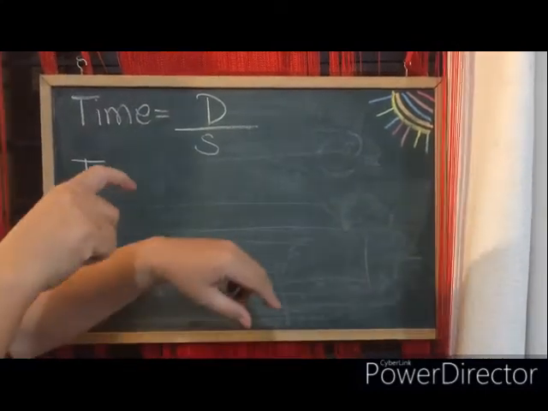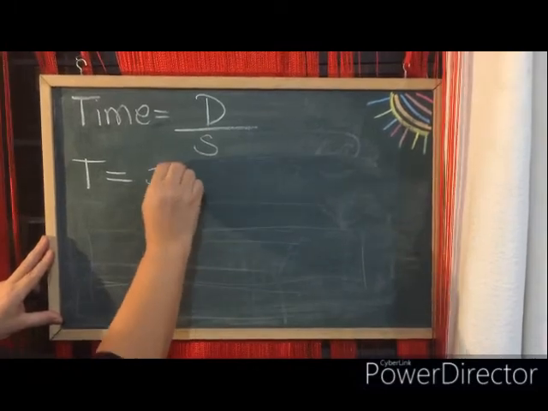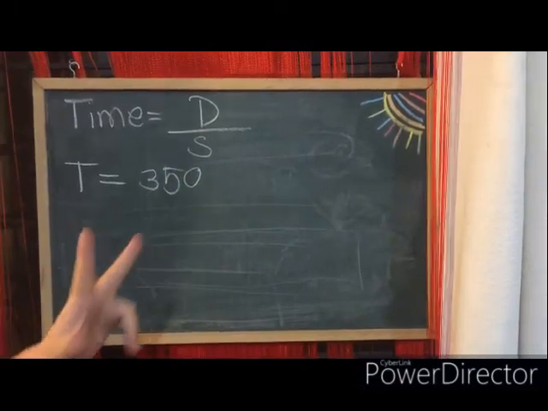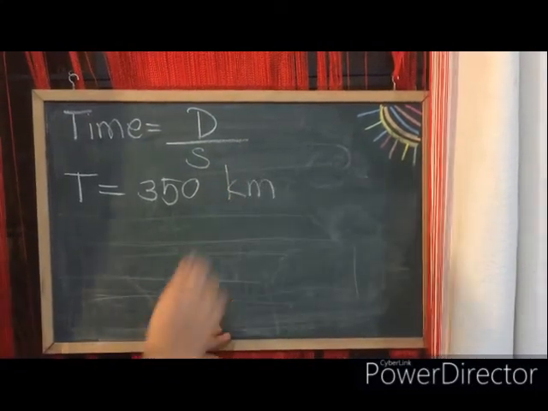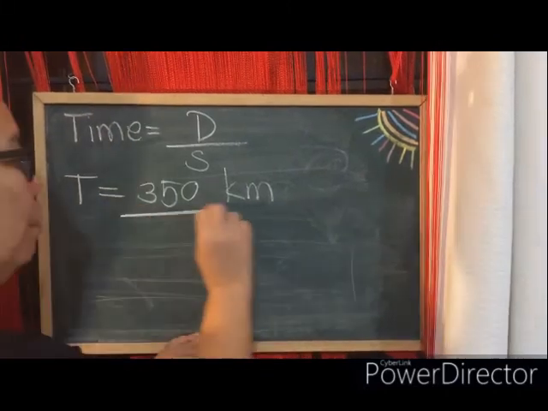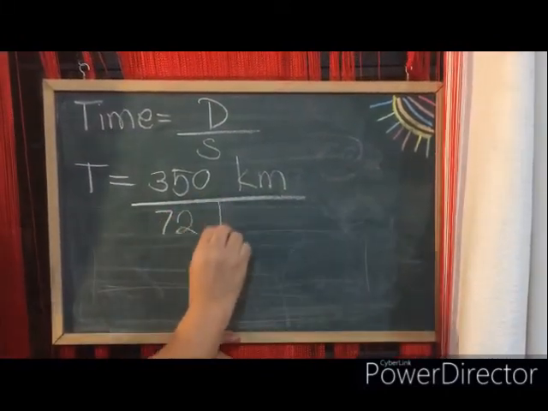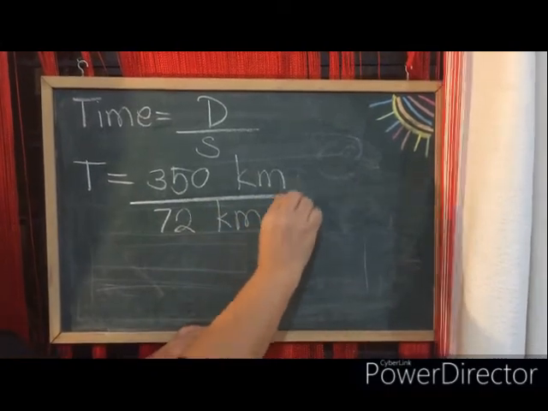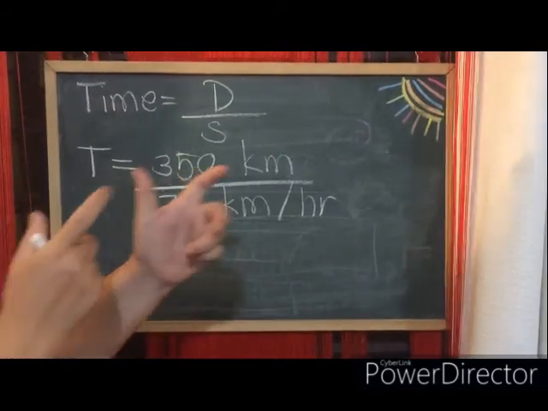Again, this is time: 350 kilometers, that's the distance, over this, which is now the speed.